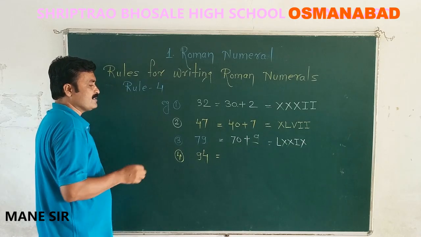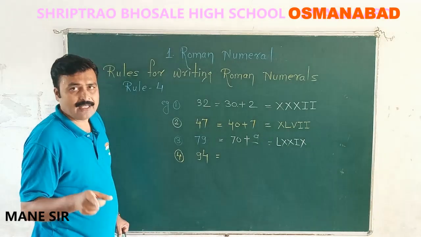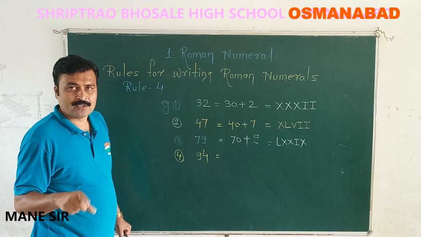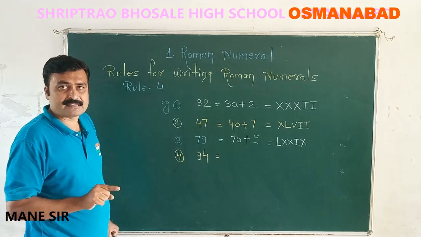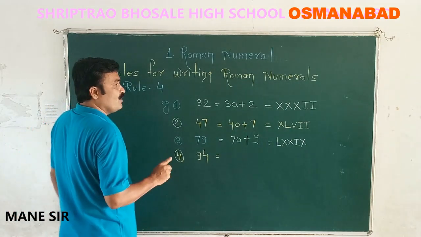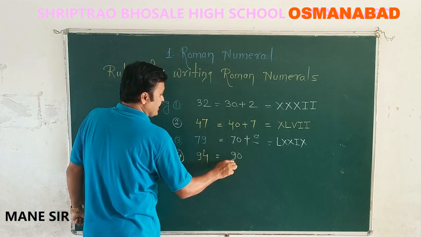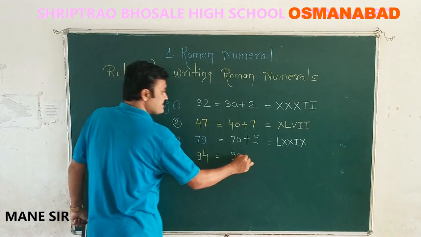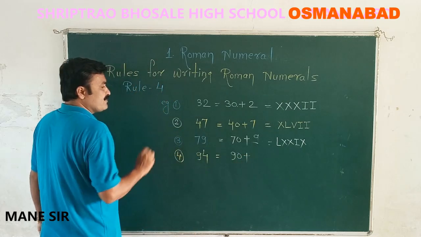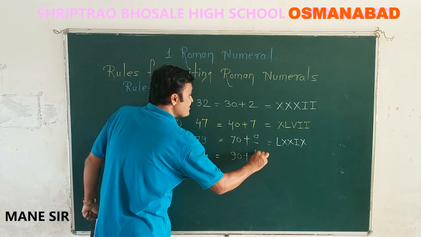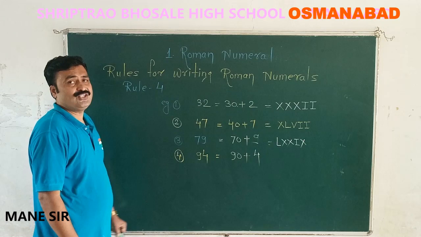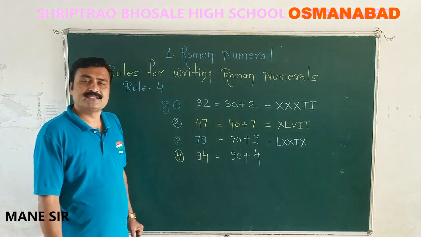That means place value of 9 and place value of 4, right, by using plus sign. So place value of 9 here I am writing first. It should be 90. Take plus sign. Place value of 4 is 4 here. So 90 plus 4. This is the expanded form.